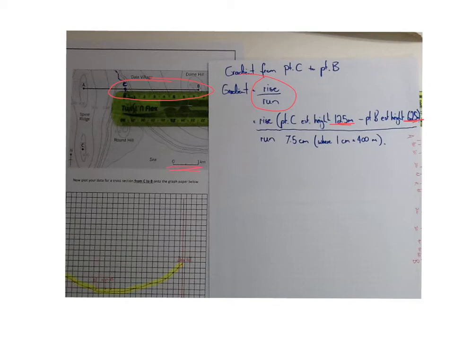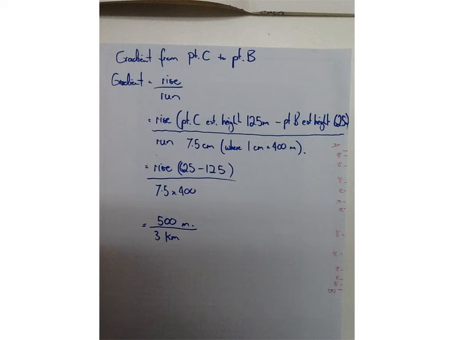In order to do this, I need to use the horizontal scale again, and I get my ruler out, and the distance there is 7.5 centimetres, and I remember from the cross-section and from the vertical exaggeration when I did it earlier, that 1 centimetre on this map equals 400 metres. So the rise is 625 metres, the height of point B, minus 125 metres, which is the height of point C, and it's 7.5 centimetres times 400, which will give us this, 500 metres over 3 kilometres.